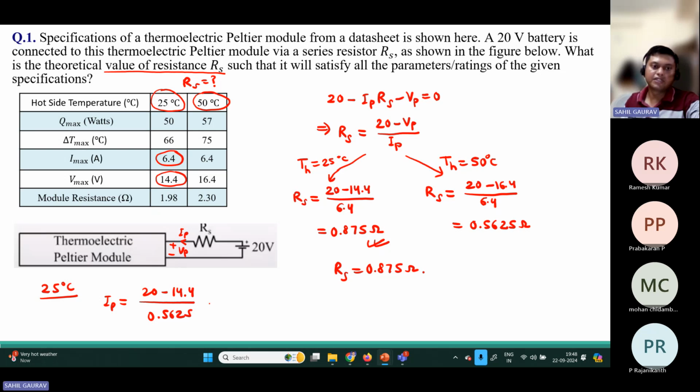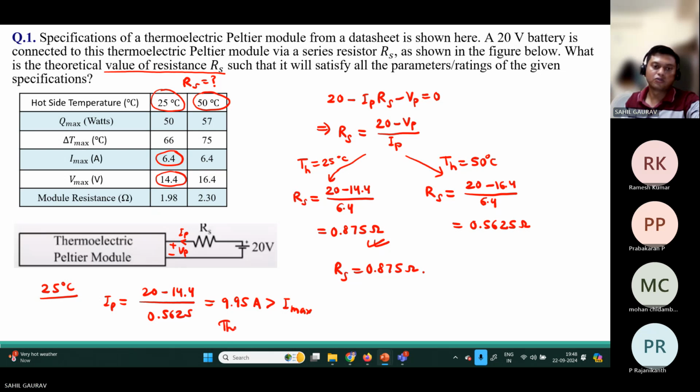If you see, this Ip is coming as 9.95 ampere. So this will not satisfy our data sheet. This violates the Imax. This is greater than Imax. So we have to take the higher value of resistance.